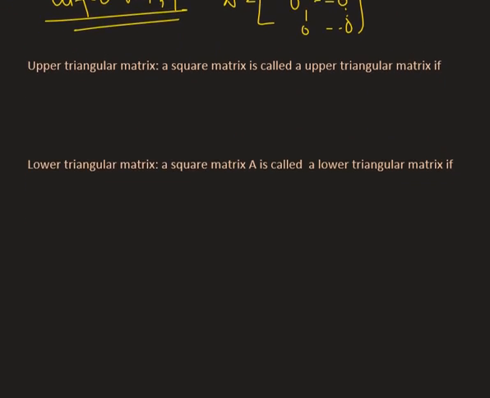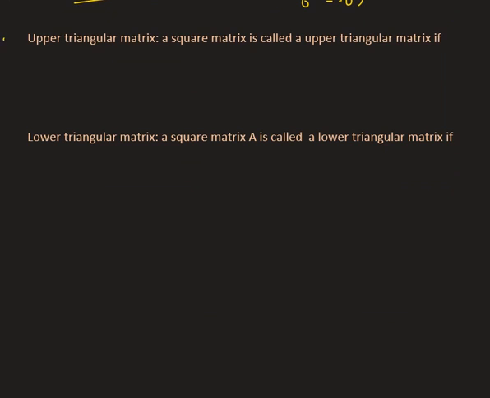Now come to the next one, the upper triangular matrix. A square matrix A is called an upper triangular matrix if Aij equals 0 for all i greater than j. Thus, in an upper triangular matrix, all elements below the main diagonal are 0.